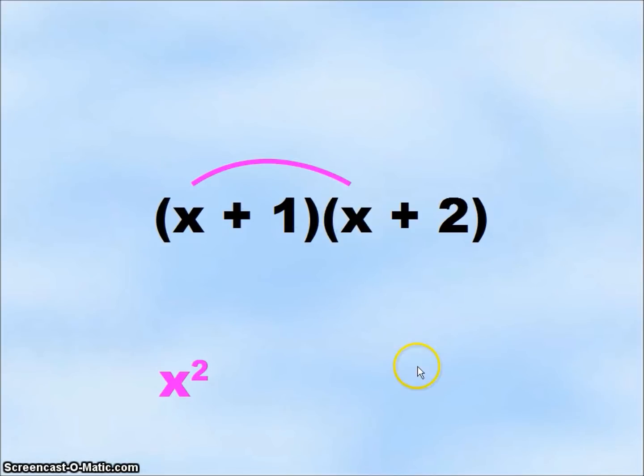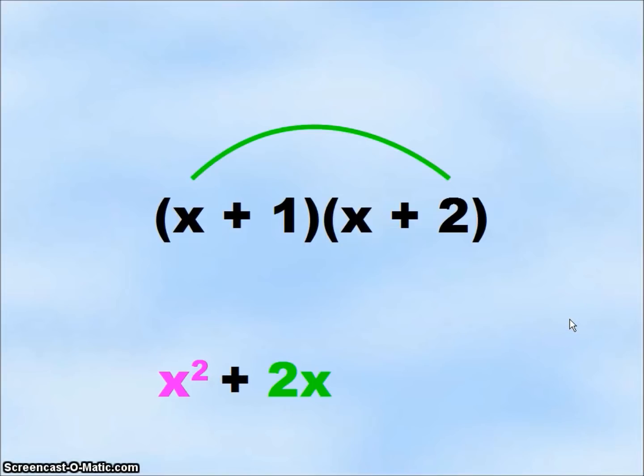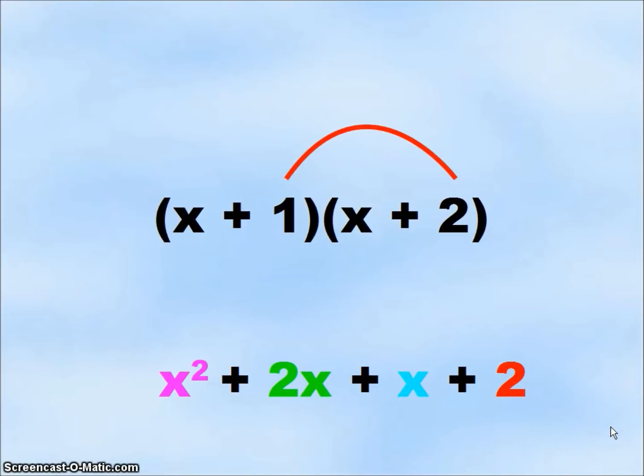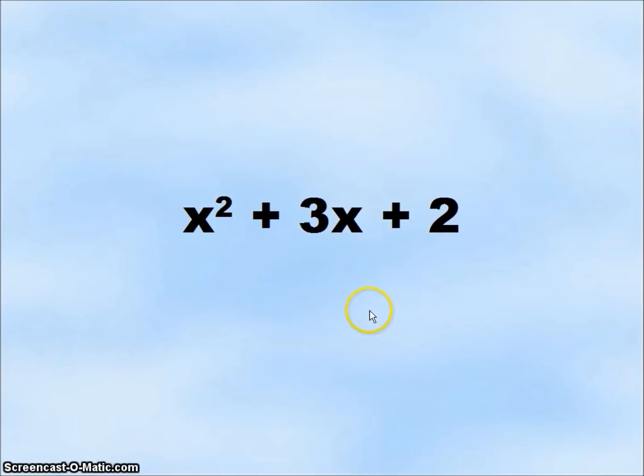So first, x times x gives us x squared. x times 2 is 2x. 1 times x is simply x. And 1 times 2 is basically 2. And remember, we can collect up and combine our like terms. So here we go. x squared plus 3x plus 2.